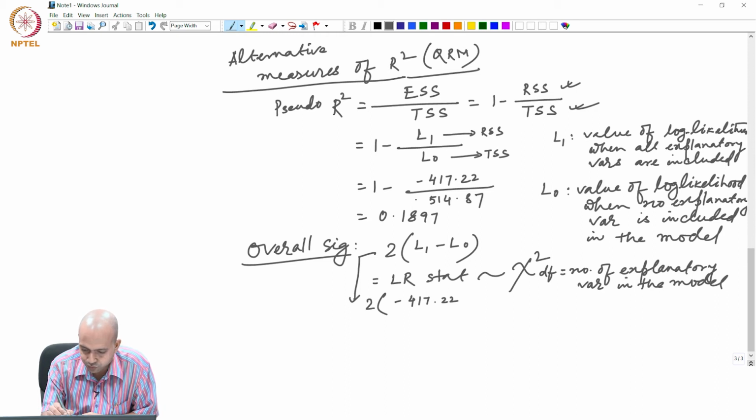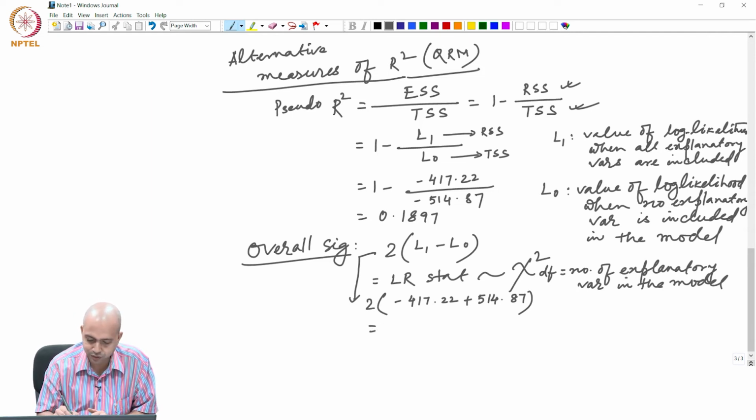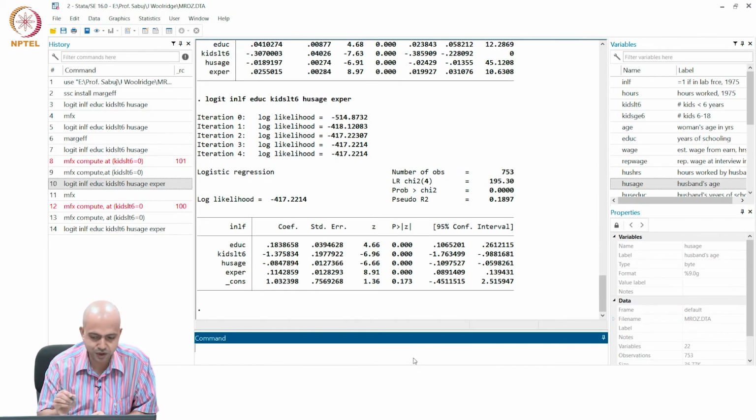So, minus and minus should become plus 514.87. If you calculate this, that would become your calculated value of chi-square, which is nothing but 195.30.